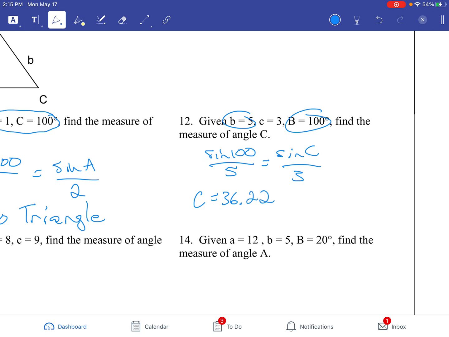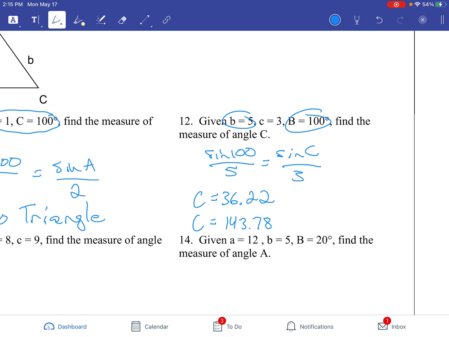36.22. Now, because we're doing law of sines, we should check to make sure that there is not a second triangle. In order to do that, you take 180 minus the angle we just found, 36.22, and you get 143.78.